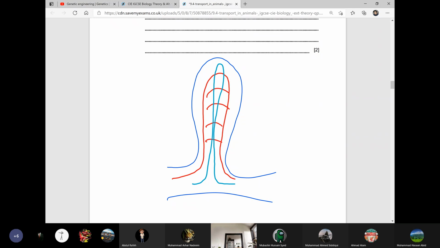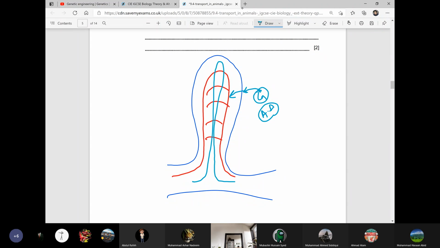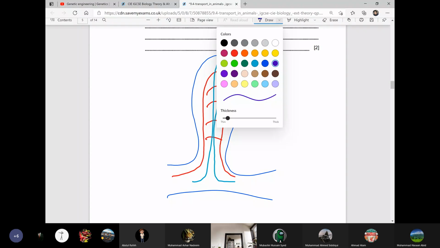So what did we learn? That the glucose first goes into the epithelium, then from the epithelium it goes where? Into the blood capillaries. Same, the amino acids first go into the epithelium and from the epithelium they go where? Into the blood capillaries, right?